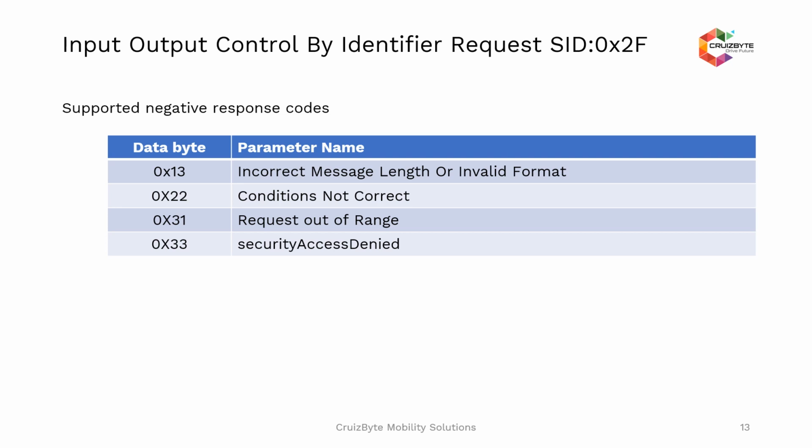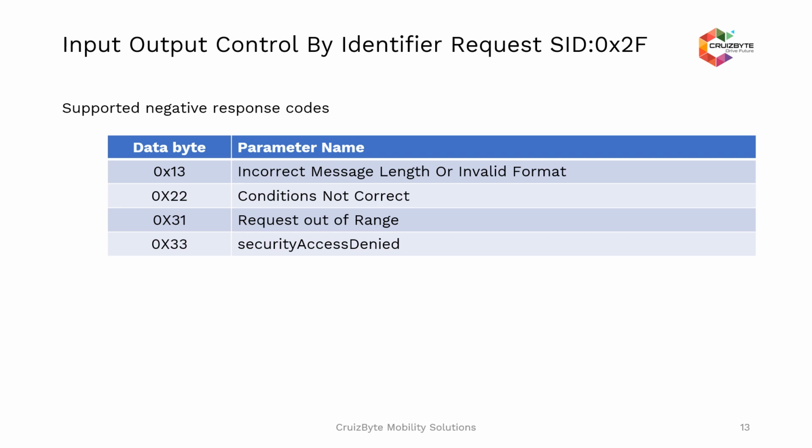The third thing is, if we have a data identifier 00 with n number of signals as part of it, and a few signals are out of the acceptable limit, then it also sends a request out of range NRC.